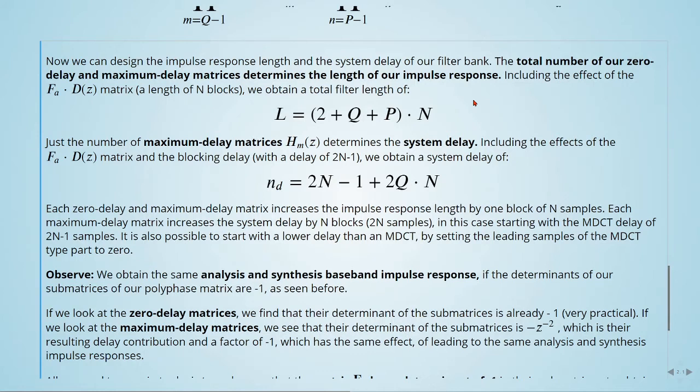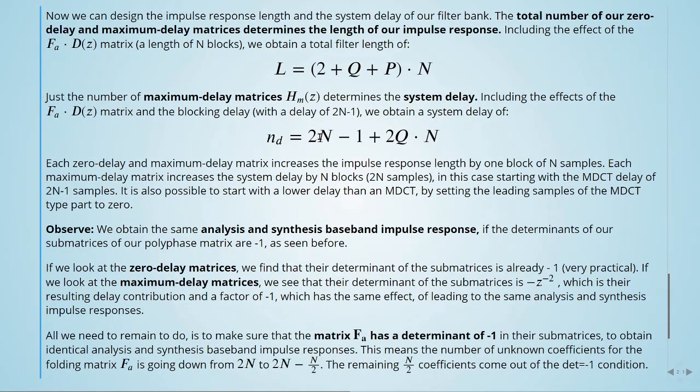And just the number of maximum delay matrices determines the system delay, including the effects of the matrix multiplication FA times D and the blocking delay with a delay of 2 times capital N minus 1, and we obtain a system delay ND equals 2 times N minus 1 plus 2 times Q times N. Each zero delay and maximum delay matrix increases the impulse response length by one block of N samples, and each maximum delay matrix increases the system delay by N blocks, so 2 times N samples.